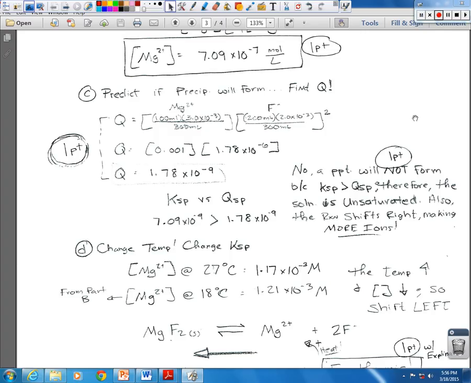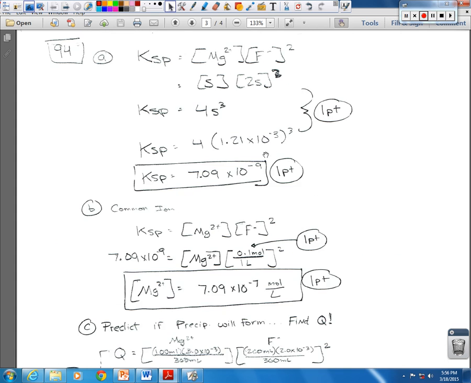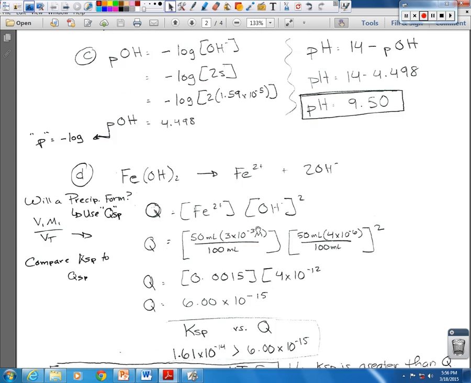The volume they give you times the concentration divided by the total volume. And you've got to solve for this Q, compare it to K, and then it'll tell you if it'll precipitate. It's cumbersome, so we're just going to skip it. Right, any other specific questions? Like this one?